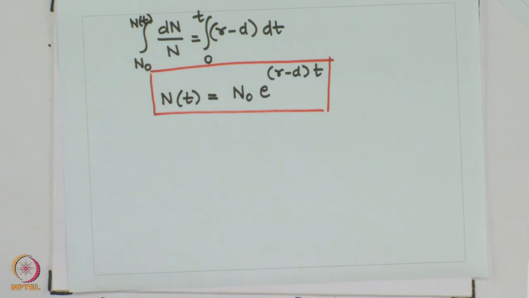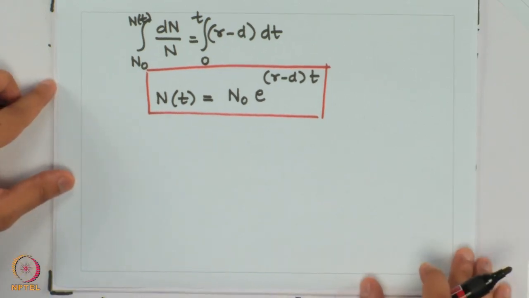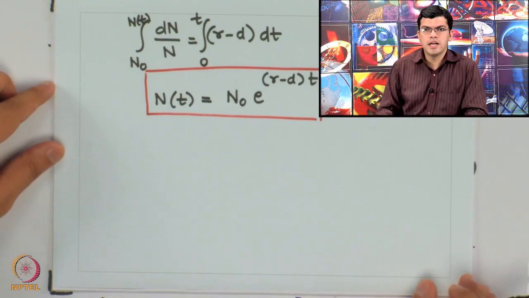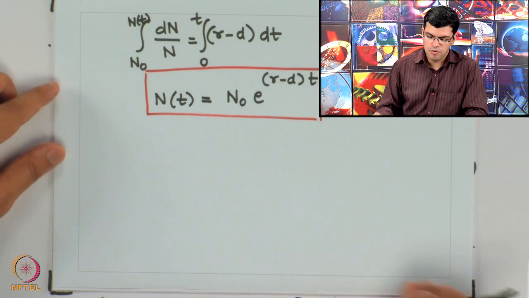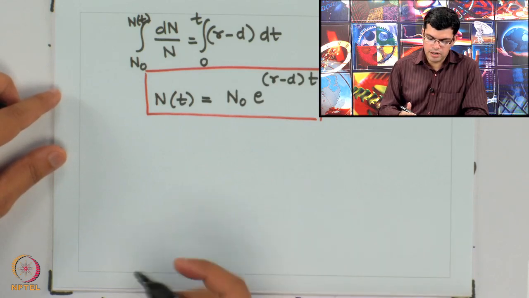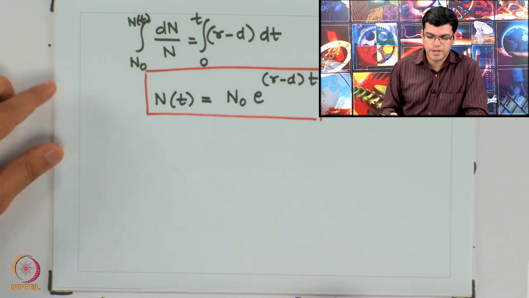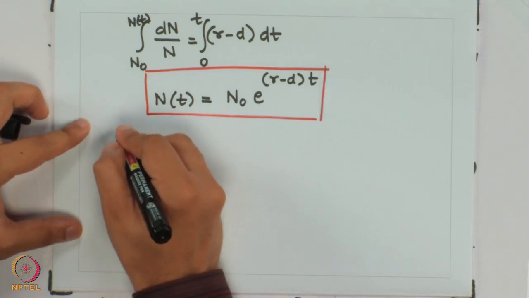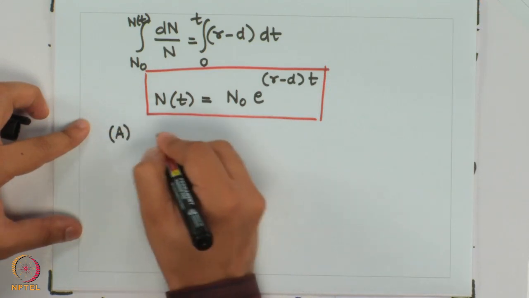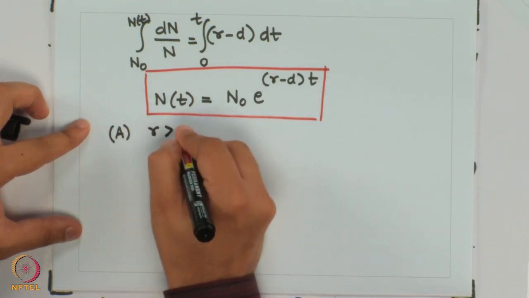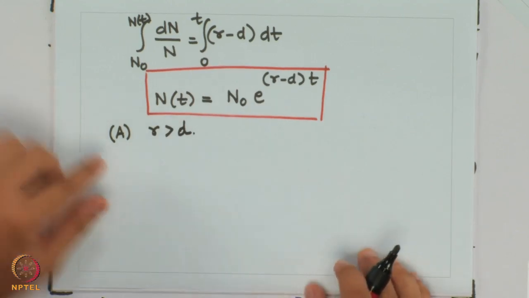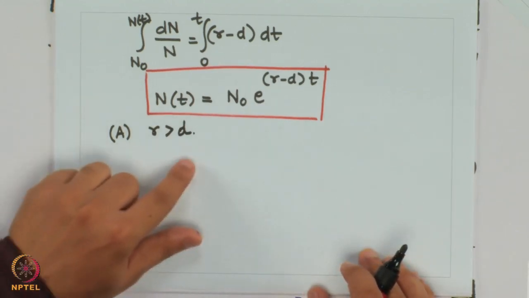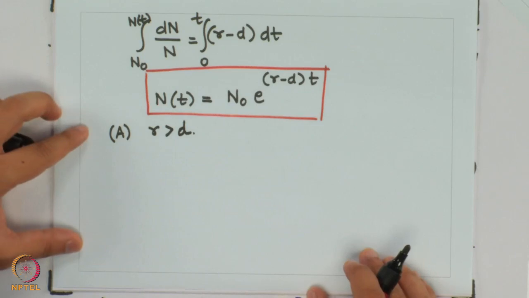So now let's consider three particular scenarios and see what these three particular scenarios represent for growth when we try and plot them graphically and understand the variation of n with time. So in case A, we are going to take a case where r is bigger than d, which means the rate at which growth is taking place is more than the rate at which death is taking place.